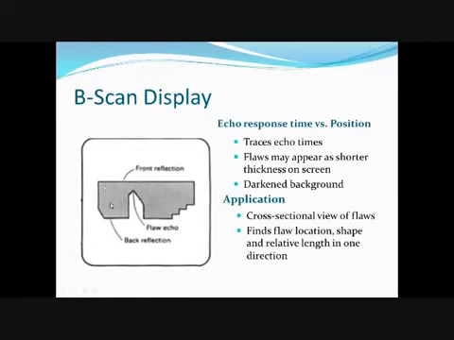What you will see is the amount of time that it took the ultrasonic signal to pass, and if a flaw is encountered, you will have a smaller area between the initial wall here and the echo, so it's a clear method of visualizing in a planar view the location of a flaw.